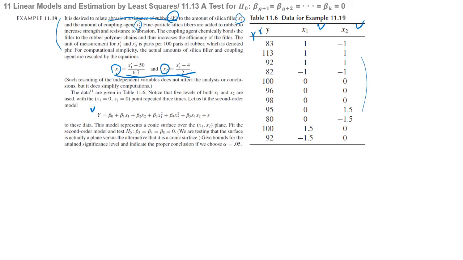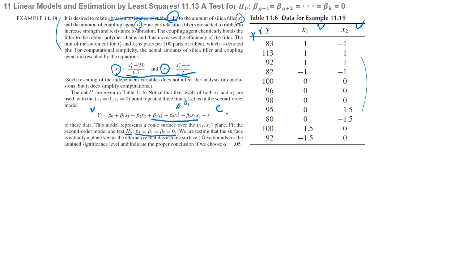Let us fit the second order model. So this is our complete model, fit to these data. This model represents a conic surface over the x1 and x2 plane. We test the null hypothesis of whether beta 3 equals beta 4 equals beta 5 equals 0, whether this part is 0 or not.